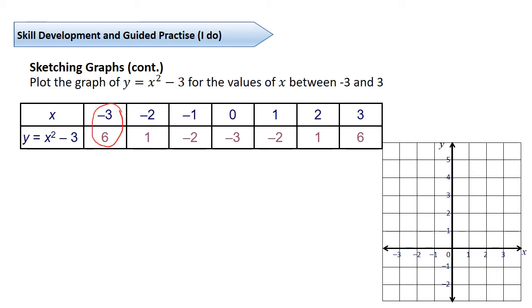So if we go over to -3 on x, and then go up to y equals 6, all the way up here, that is where our plot is going to go. Then we move across 1 in x to -2, and then we're only going up to y equals 1, so right here.